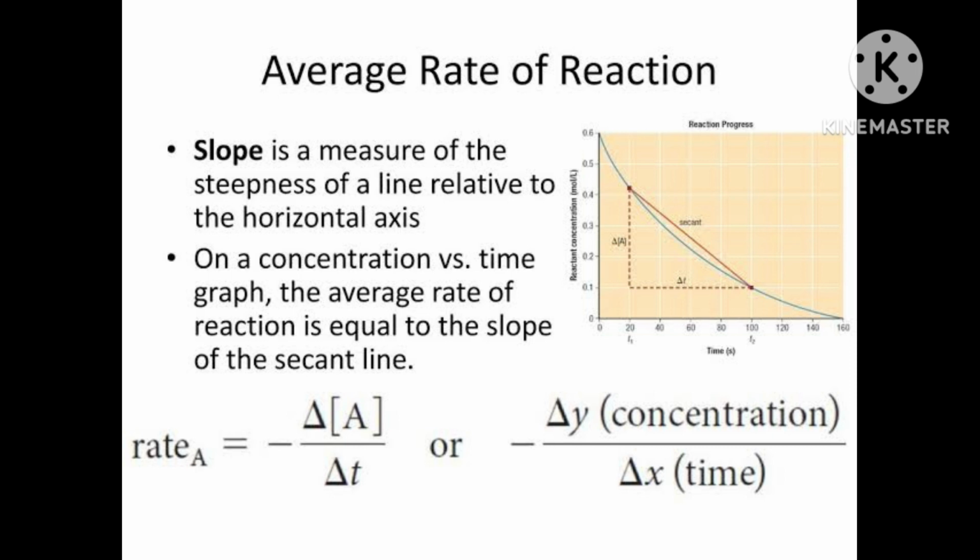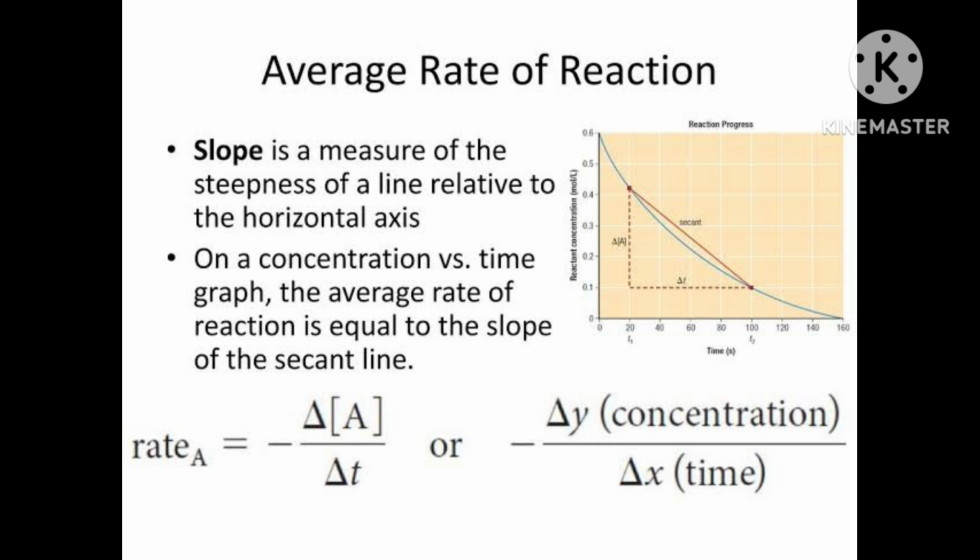Data is given: time in seconds. Then 0 second, 50 second, 100 second, 150 second, 200, 300, 400, 700, 800.